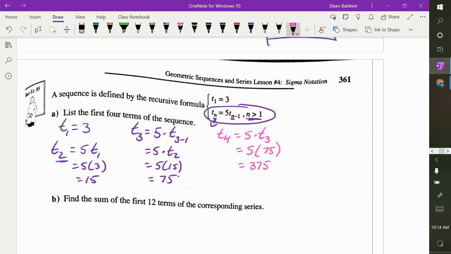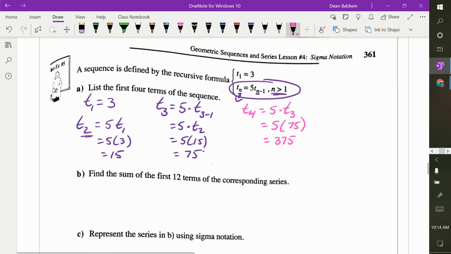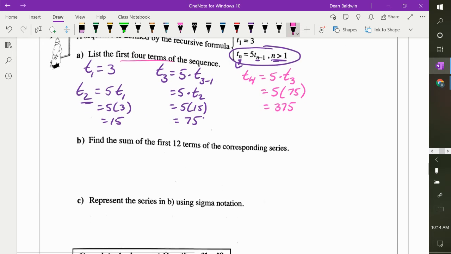What? 1875. Oh, he's talking about term 5, right? He's already on 2 terms, they only want the first 4. If you want to do extra work, do that.